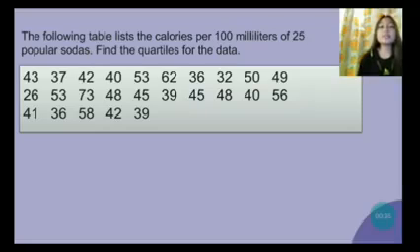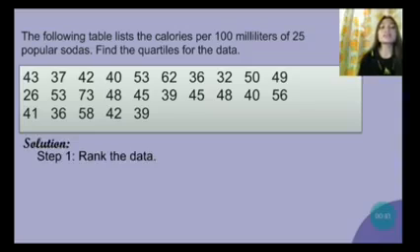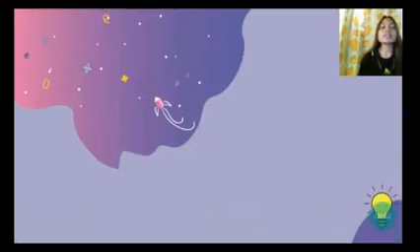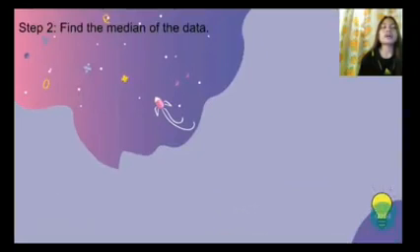Do you remember the steps on finding quartiles of the data? Step 1 is rank the data from least to greatest. So as you can see, from 26 to 73. Next step is find the median of the data.